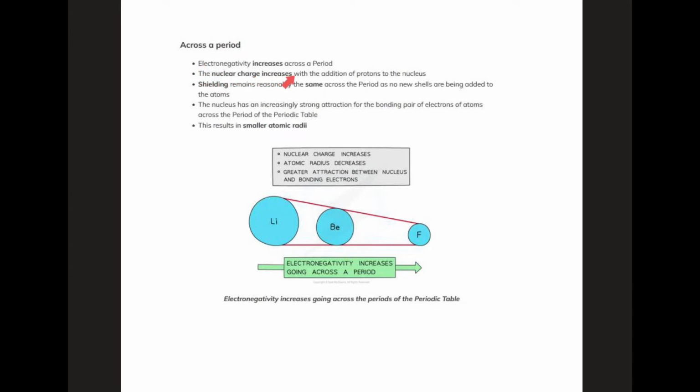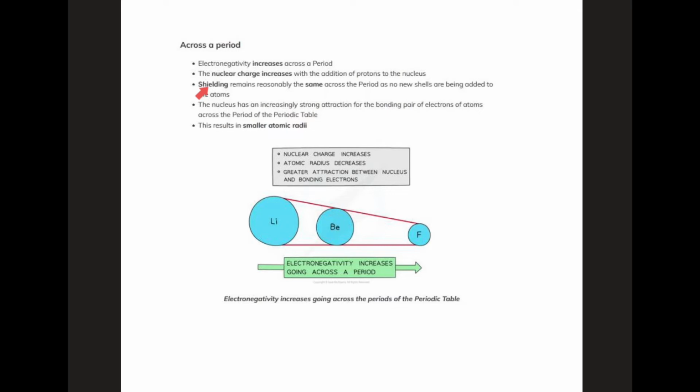You can see here, the nuclear charge increases with the additions of protons to the nucleus. This one is 3 protons, then 4 protons, and keep going until 9 protons. So the nuclear charge increases across the period. And then shielding remains reasonably the same across the period as no new shells are being added to the atoms.